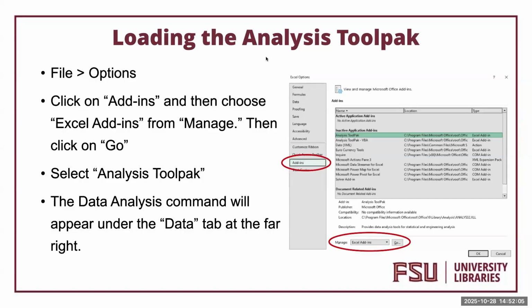Once you get to the Excel options pop-up box, which will look like this here, you'll want to select add-ins. And then you will go down to Excel add-ins, click go. And then you should see a pop-up box that has the analysis tool pack as an option, and then hit OK.